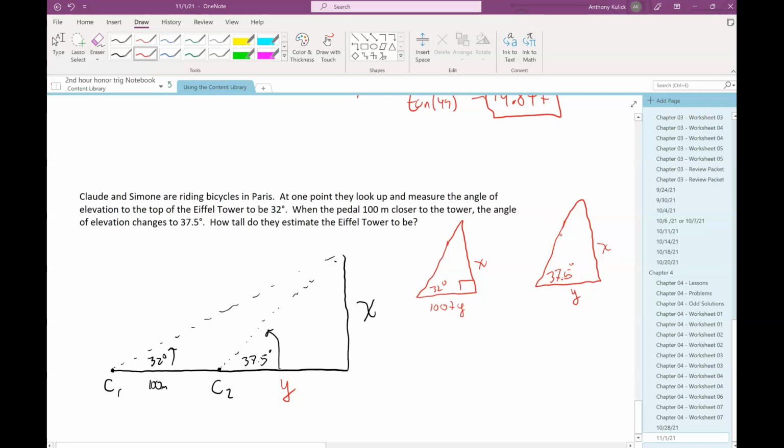So far, so good? The first triangle, I can say that tan 32 is equal to x over 100 plus y. In the second triangle, I can say tan 37.5 is equal to x over y.